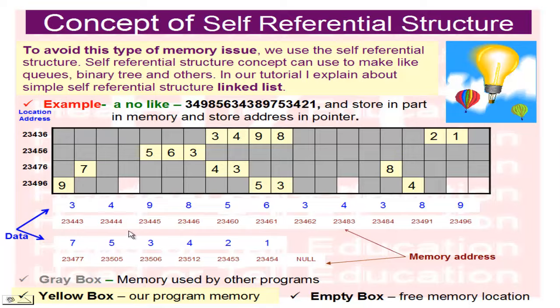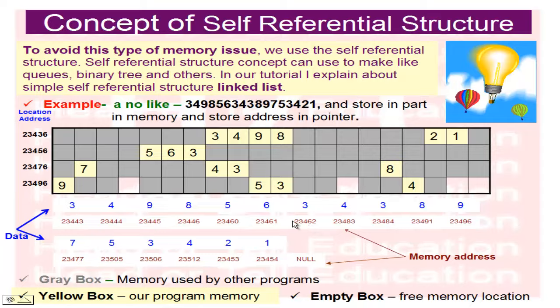Now 9 is allocated at 23445, and 8 at 23446. Now again 5: 5 is allocated at 23460, because maybe this time continuous memory is not available, so it is allocated in the free location available. The fifth number is allocated at this location, the sixth number at 461, and 3 at this location.